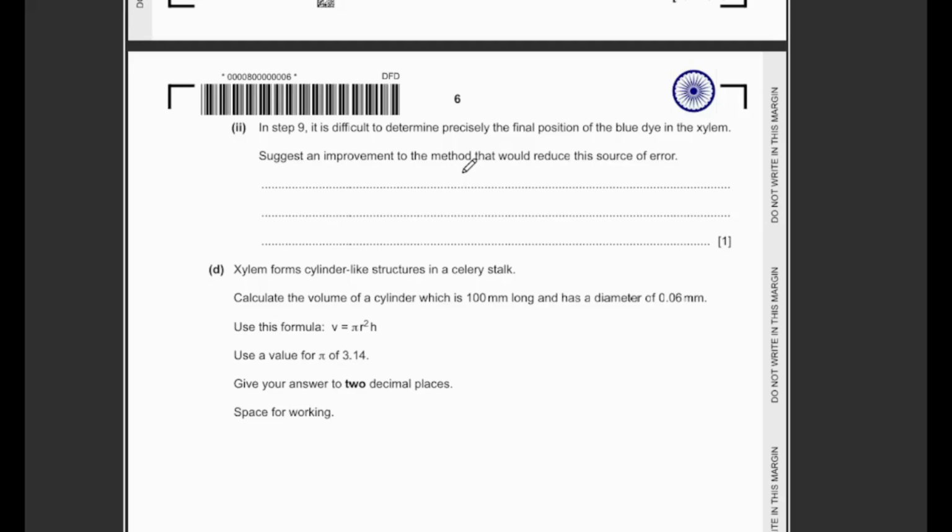The answer will be related to the dissection or cut, and that will be: cut the ciliary stalk vertically, so that you can easily find out the content. That would be the improvement. Or you can cut a much smaller part of the ciliary stalk so that you get a better result, but it's for 1 mark, so one statement is enough.